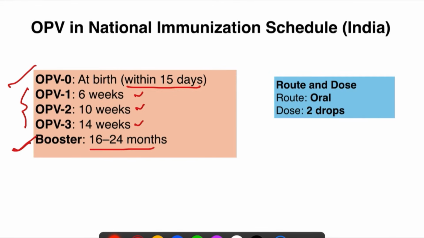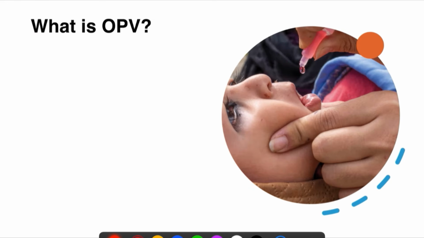As the name suggests, oral polio vaccine is given by oral route and 2 drops are given. How to give the OPV vaccine? We have to tilt the child back and gently squeeze the cheek, and this will make the mouth open and let the drop fall from the dropper onto the child's tongue.